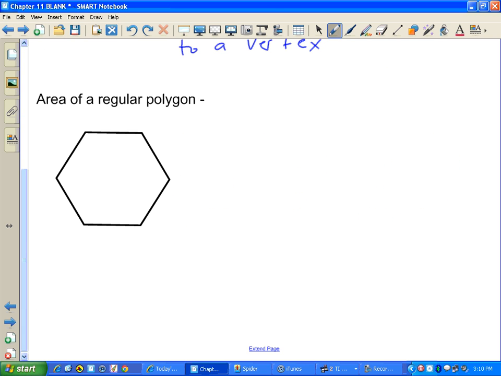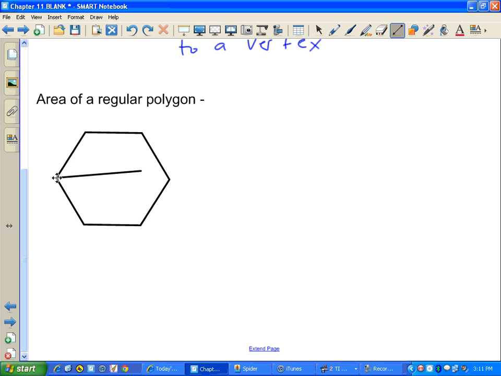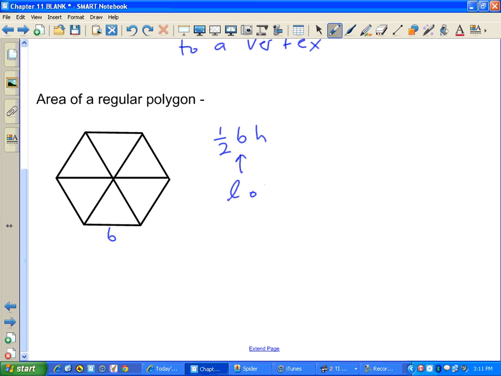So let's look at how we develop the area of a regular polygon. I'm going to start by making my triangles again. Okay, so I've got these triangles. And the area of each of these triangles is 1/2 the base times the height. Well, the base is the length of a side.